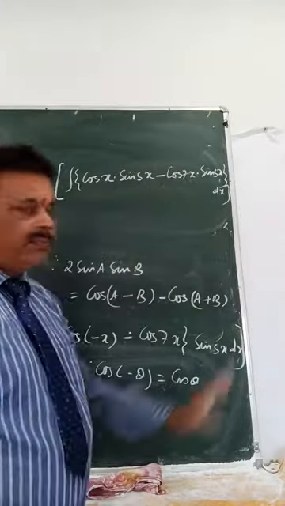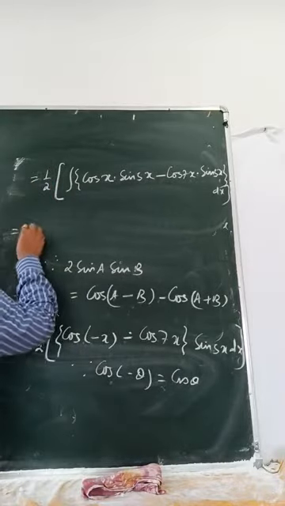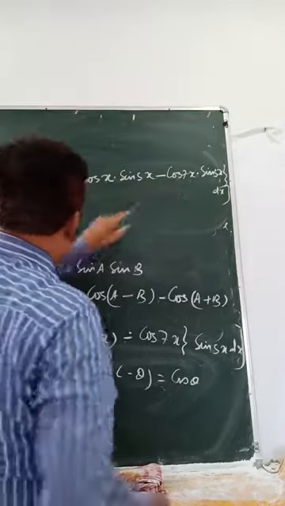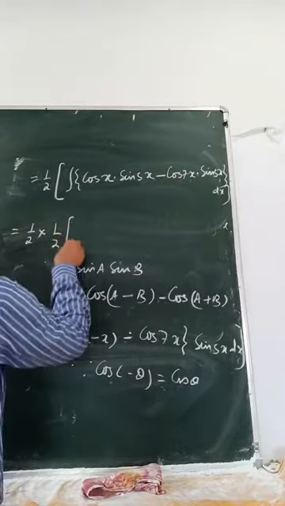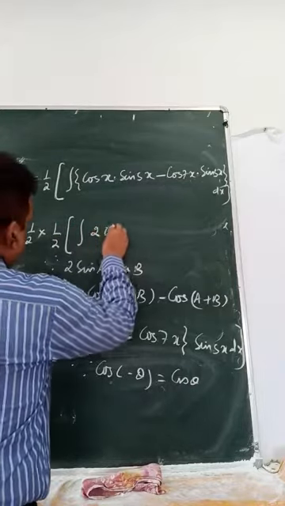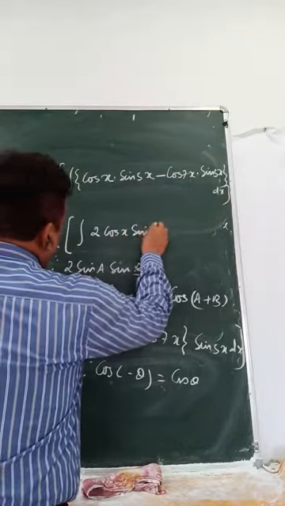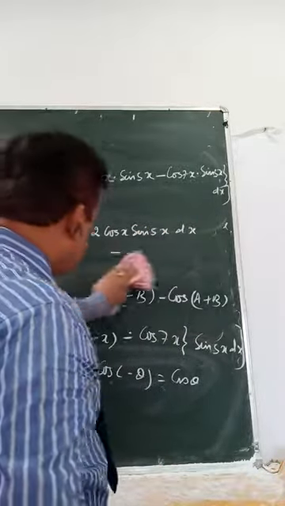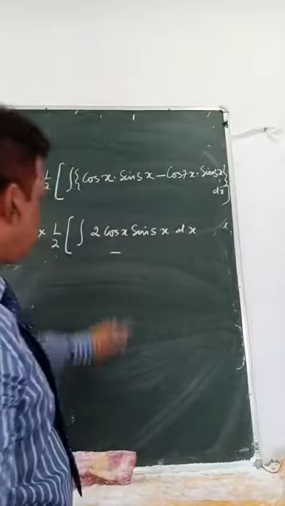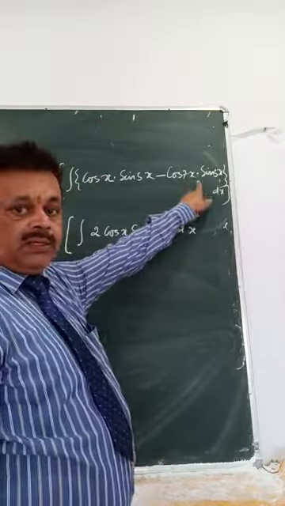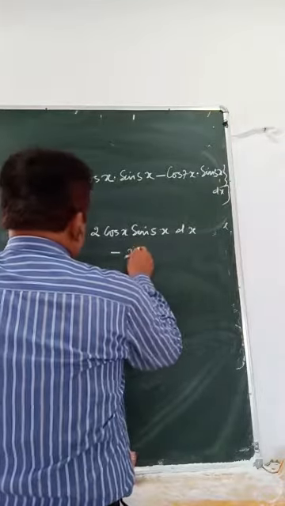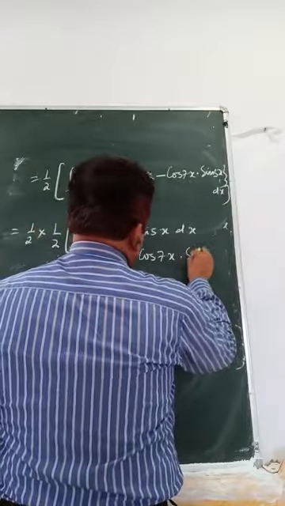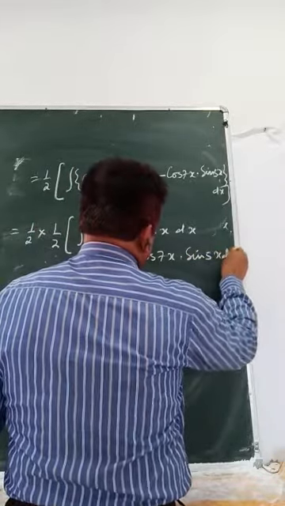This half is there, again half of 2, so half I can multiply here: 2 cos x sin 5x dx minus 2 cos 7x sin 5x dx.